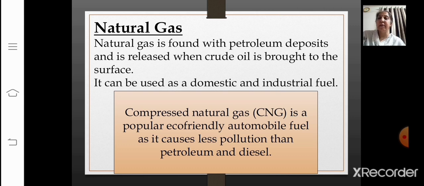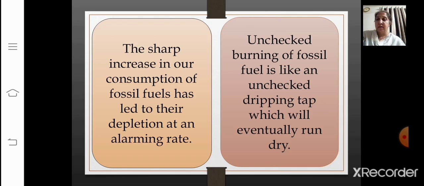CNG is a popular eco-friendly automobile fuel as it causes less pollution than petroleum and diesel. And Russia, Norway, UK and the Netherlands are the major producers of natural gas.